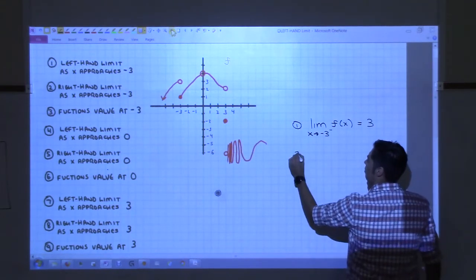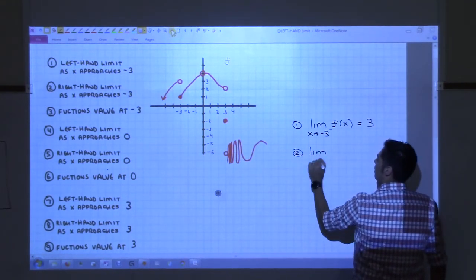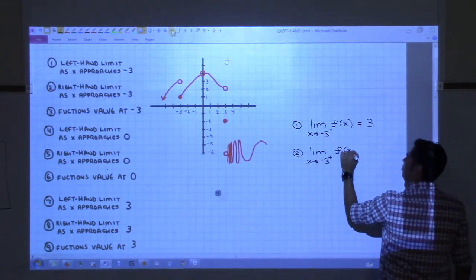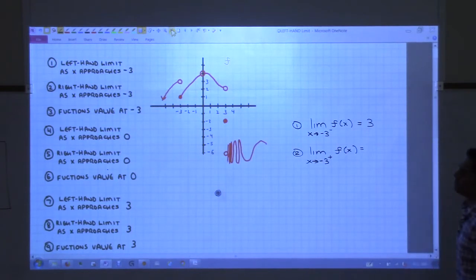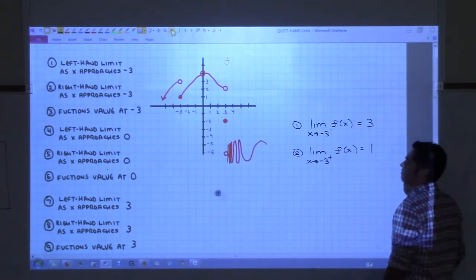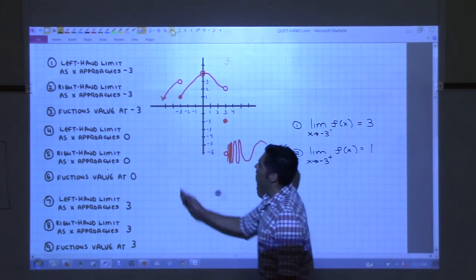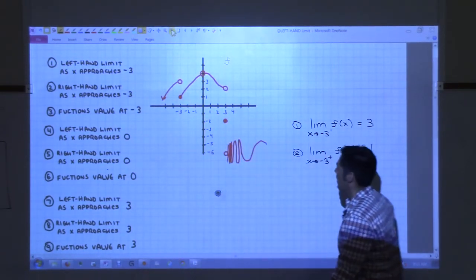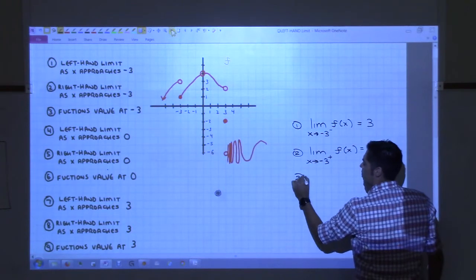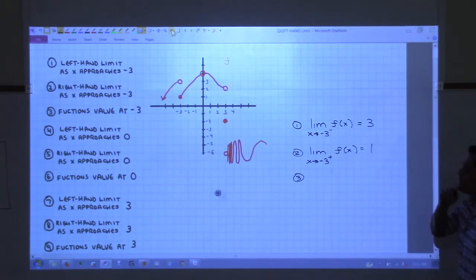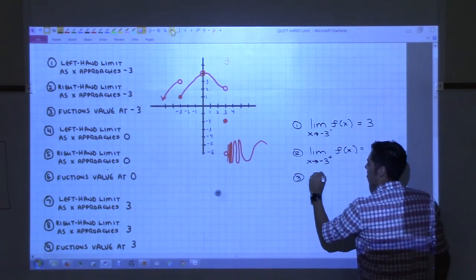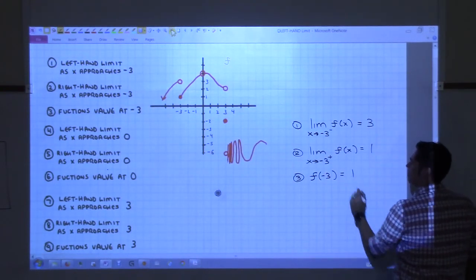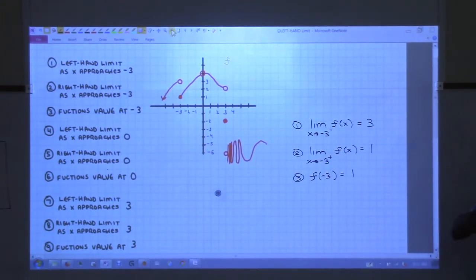And then number 2, limit x approaches -3 from the right of the function equals what? 1. Okay, so this is what we covered last time, coming into 3 from the left and 1 from the right. And then number 3, what do you think I wanted you to write for number 3? F of -3, right, equals 1. Okay, so that was the first 3.